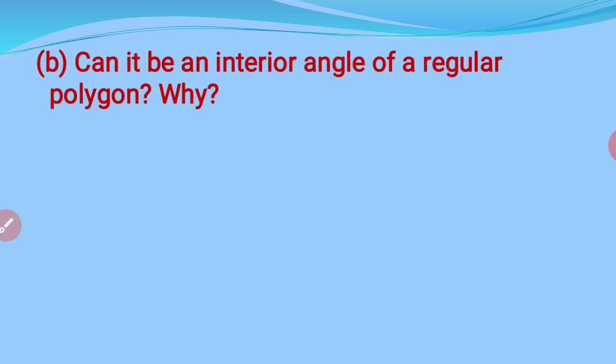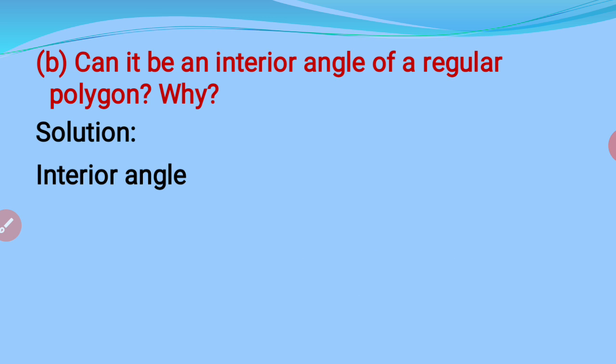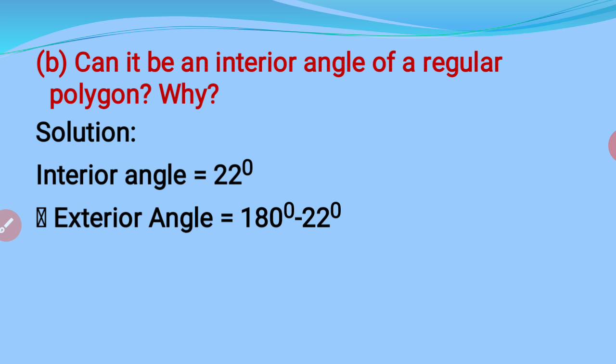Can it be an interior angle of a regular polygon? Now, if the interior angle is 22 degrees, the exterior angle will be 180 minus 22, because the interior angle and the exterior angle make up a linear pair. So the measure is 158 degrees for the exterior angle.